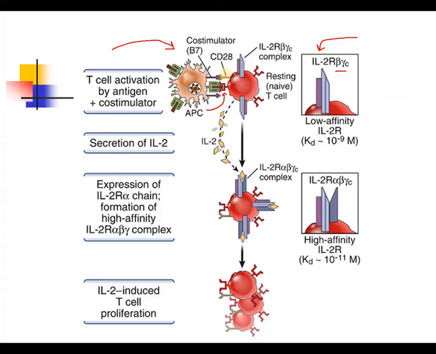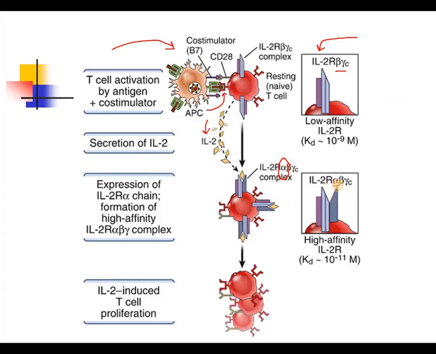When the naive T cell interacts with the dendritic cell and everything that the T cell requires is shown appropriately, MHC plus peptide, co-stimulatory molecules like CD28 binding to B7, the activation process will allow for cytokines to be produced, including the production and secretion of IL-2. So you can see this happening now. In addition, with this activation, you get expression of the high affinity chain of the IL-2 receptor.